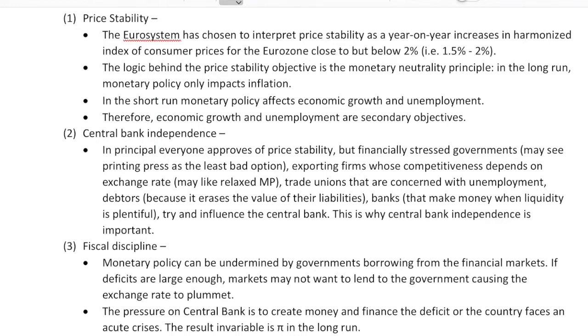So keep in mind the subtle difference here is that in the US, they give equal weight to price stability and full employment. In Europe, in the European Monetary Union, full employment plays second fiddle to low inflation or price stability.